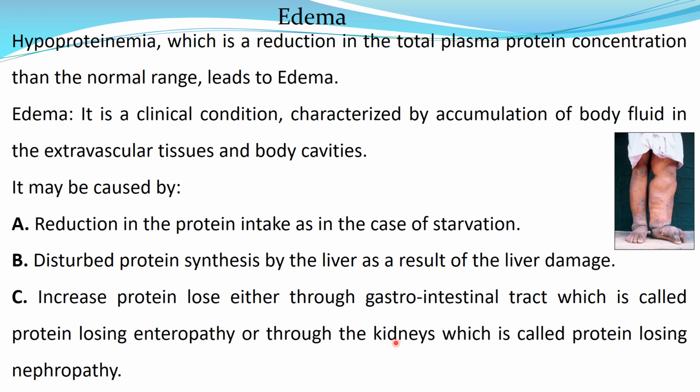Pathy means diseased intestine. Or through the kidneys, which is called protein losing nephropathy. So it means the plasma proteins might be lost through the kidneys as a result of renal damage.